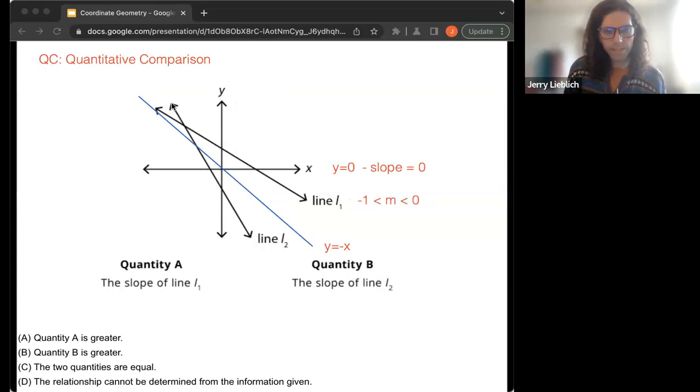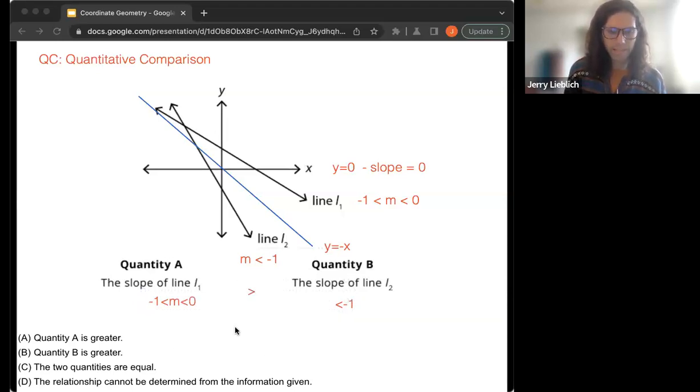Whereas this, more negative, more steep. The slope here has got to be less than -1, more negative. So we have something less than -1 and something between -1 and 0.